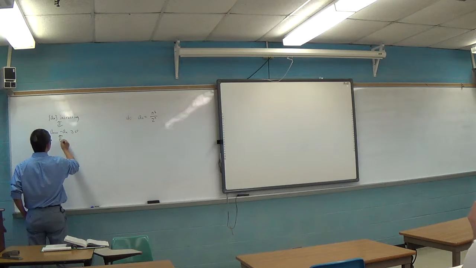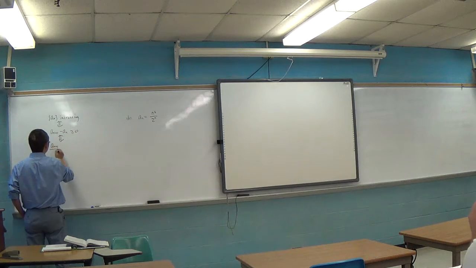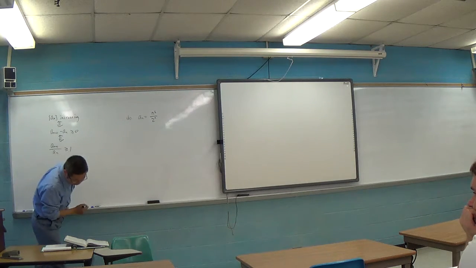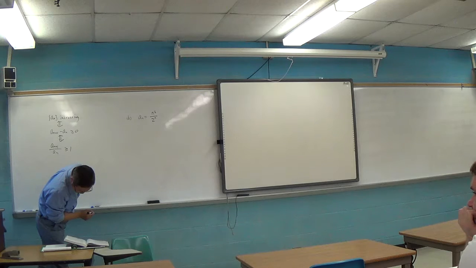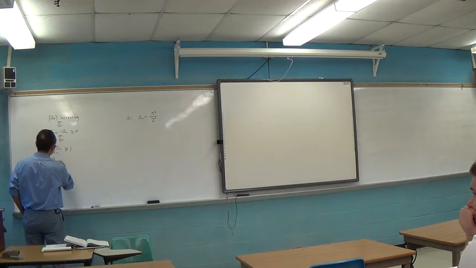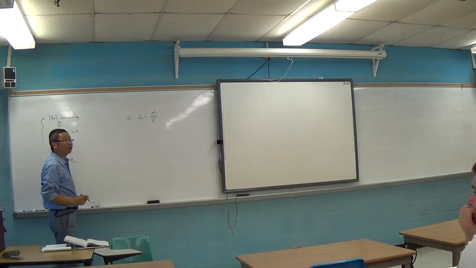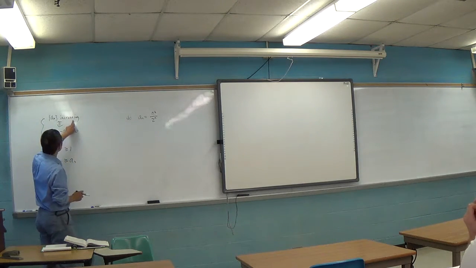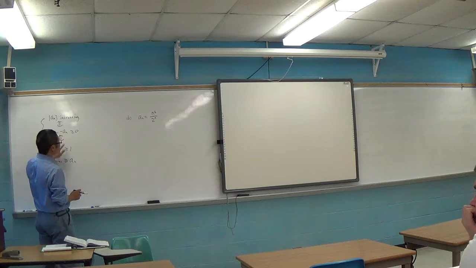Or equivalent to saying AN plus 1 over AN greater than or equal to 1. Or AN plus 1 greater than or equal to AN. Right? These 4 statements are equivalent. It means if you want to prove AN is increasing, you can prove this one or prove this one.